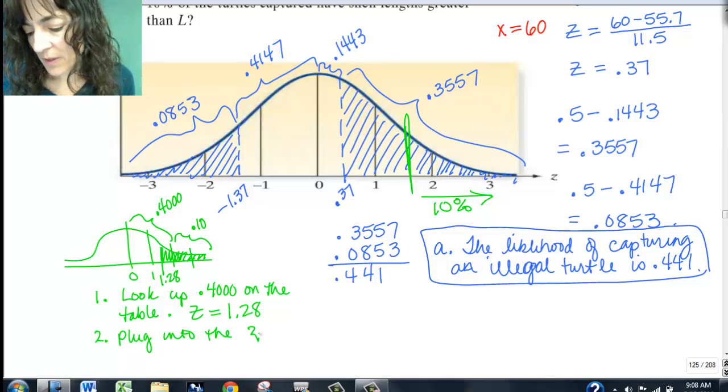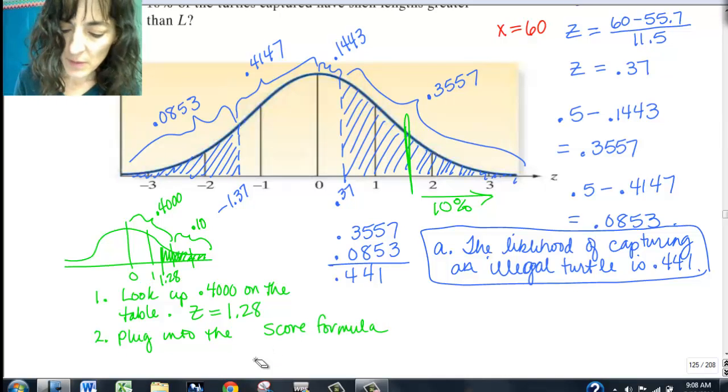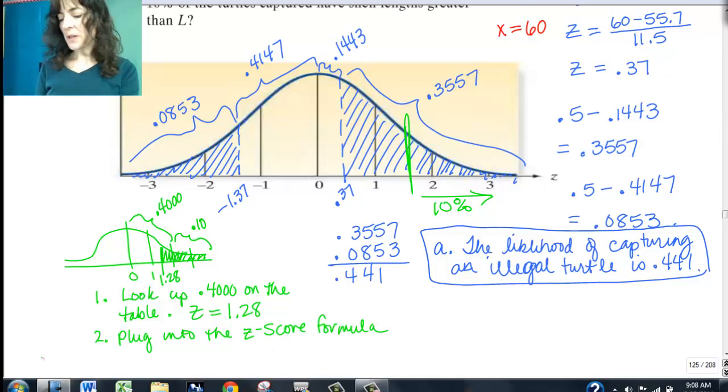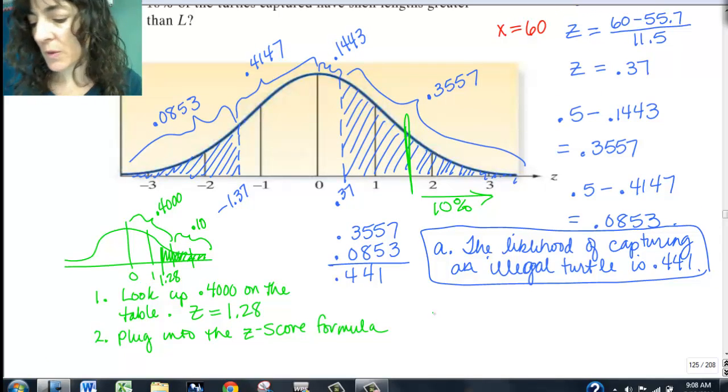And then number 2, plug into the z-score formula. When I plug it into the z-score formula, what I'm doing is finding the actual shell length L that corresponds to z equals 1.28.